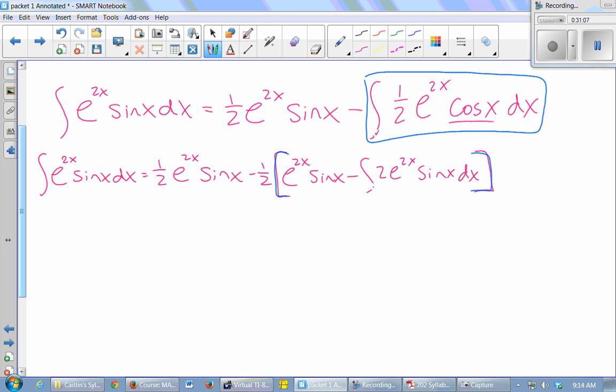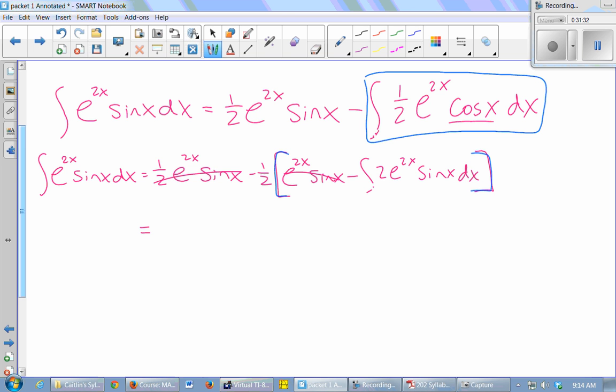Okay, so now we solve for the integral e to the 2x sine x dx. I should spend some time over on the right here simplifying. So this is 1/2 e to the 2x sine x minus 1/2 e to the 2x sine x. So this term and this term are going to go away. And then I distribute my 1/2 over here, and my 1/2 and my 2 are going to cancel.